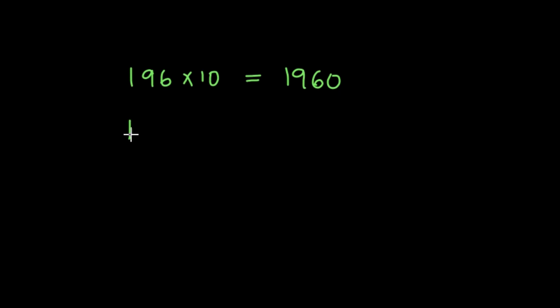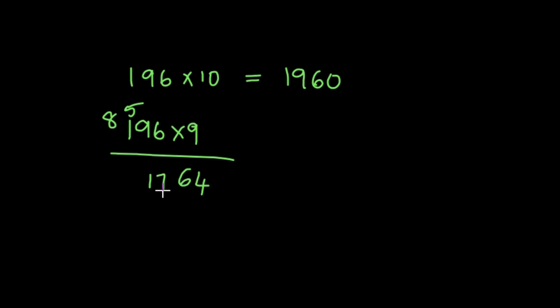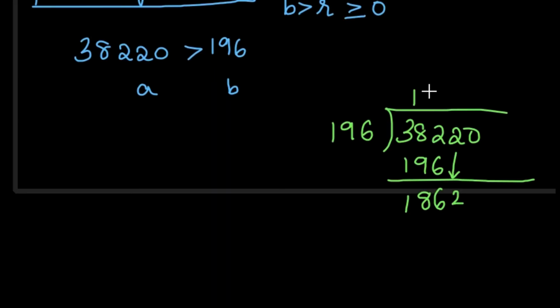Therefore, maybe it is 196 multiplied by 9. We get 9 6s are 54, 5 carry, 9 9s are 81 plus 5 will give you 86, 8 carry, 9 1s are 9 plus 8 will give you 17. This number, 196 9s are 1764.